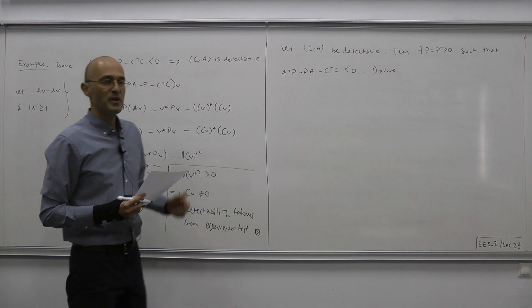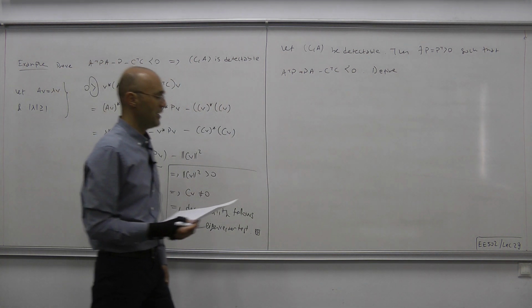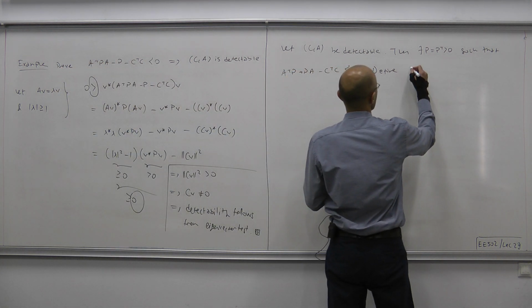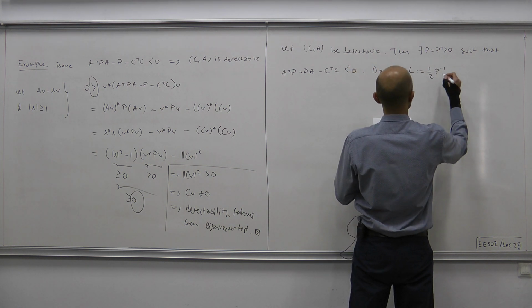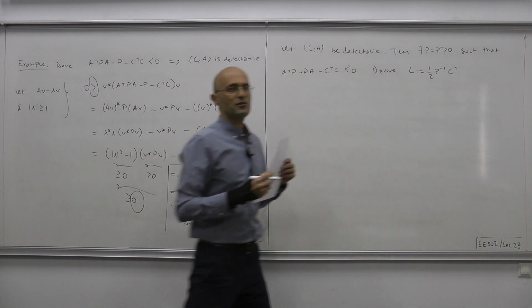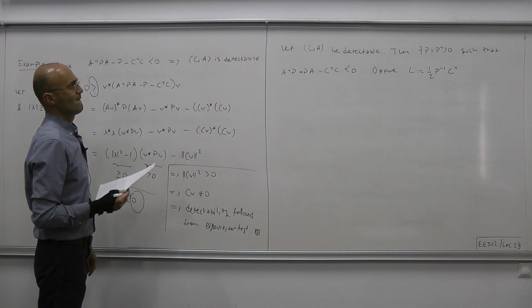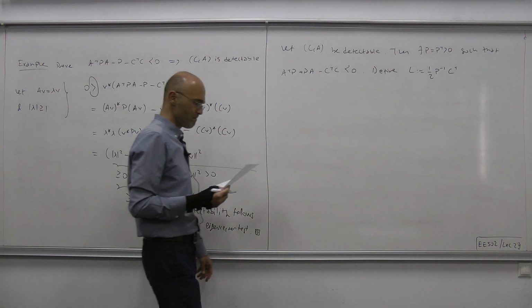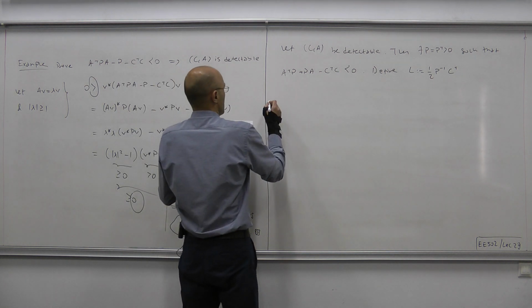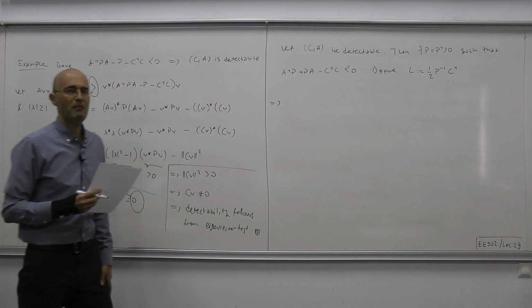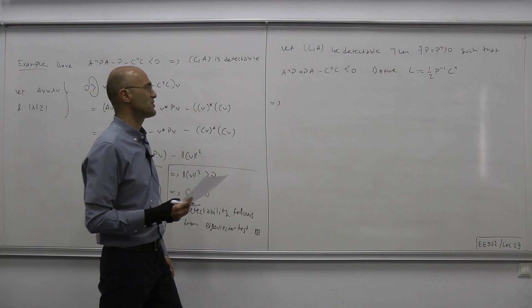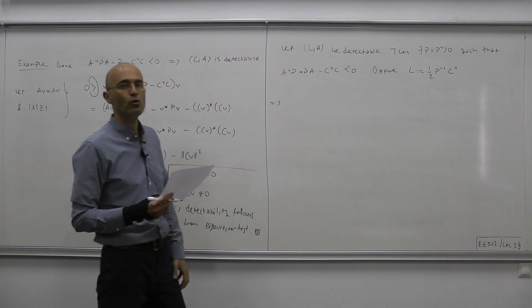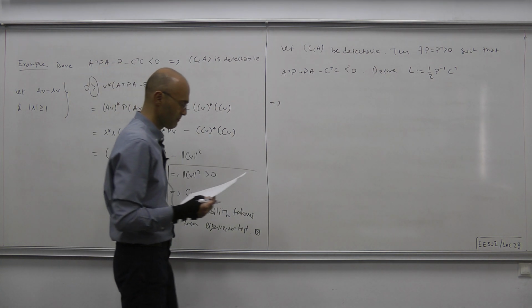Now, using that P, we introduce a matrix L as 1/2 P inverse C transpose. Using this matrix, we will now show that the matrix A minus LC must have eigenvalues that all have strictly negative real parts.